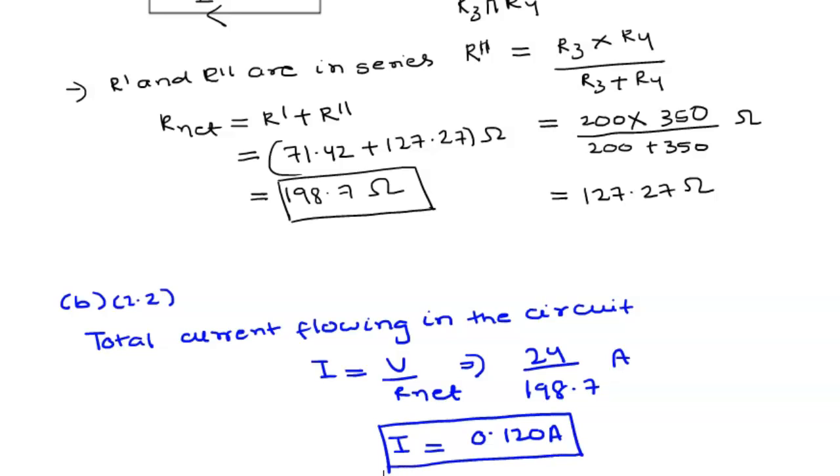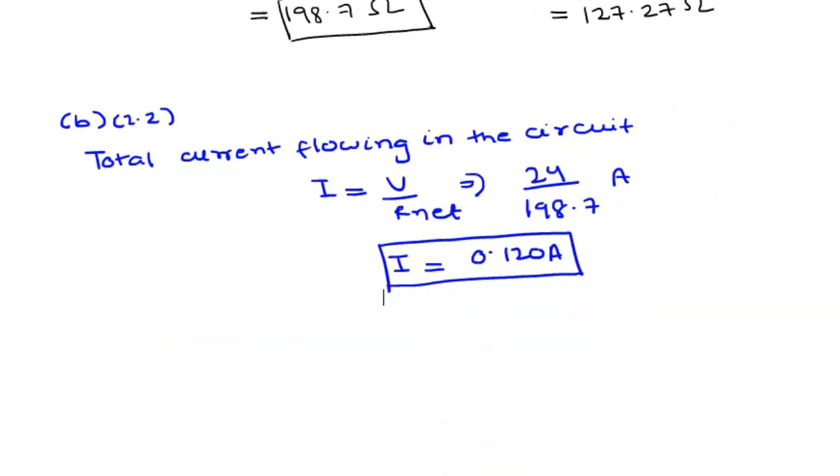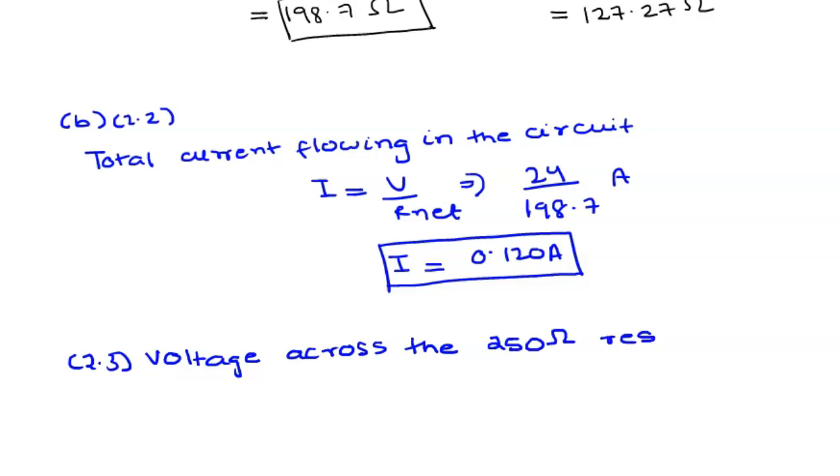Now in the third part we are asked to find out the voltage across the 250 ohm resistor. In 2.3 we need to find out the voltage across the 250 ohm resistor.